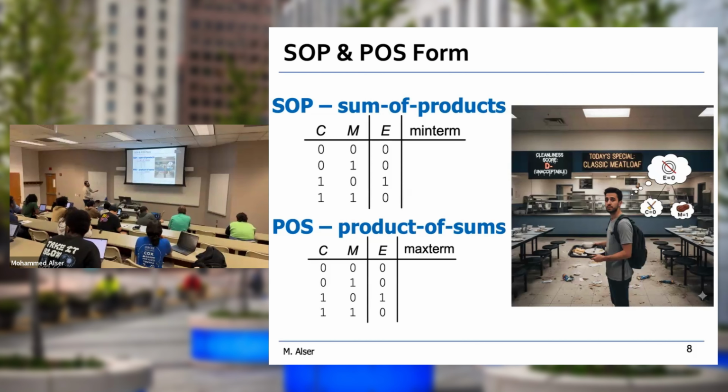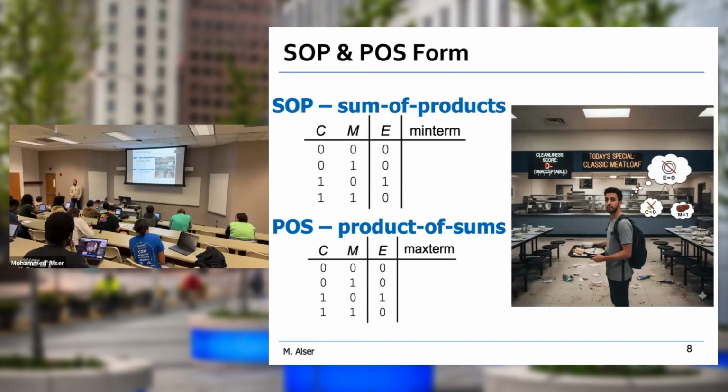Now M is 1, M bar will be 0. Then 0 plus 0 equals 0. Over here, 1 and 0. So C is 1. Flip it into 0 to be 0 plus 0 equals 0. And here 1, 1, we need to flip both of them, and then the result will be 0. All right, so we have now built the max terms.